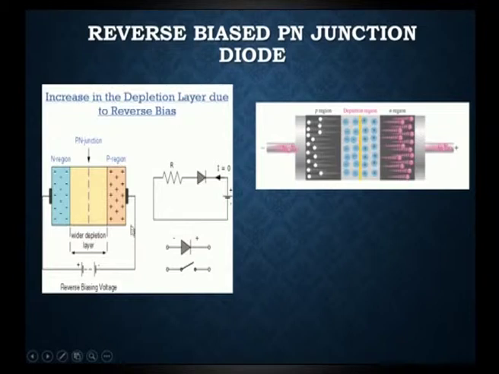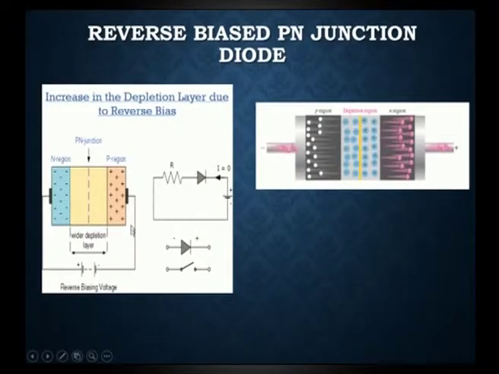Biasing is a basic concept and it is a must for a diode. Due to the biasing only we can bring a circuit alive, because whenever we give the external voltage, only then can we study the properties of the electronic device with the applied voltage.